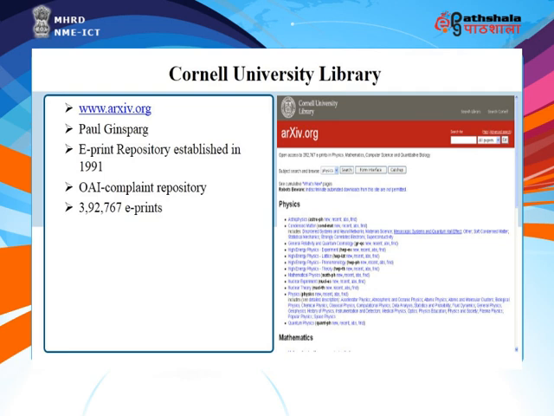Scientists and libraries have become aware of the benefits of open access archiving, which is being considered as an alternative method of scholarly publishing. The Institute of Mathematical Sciences, Chennai, maintains the Indian mirror site of arXiv.